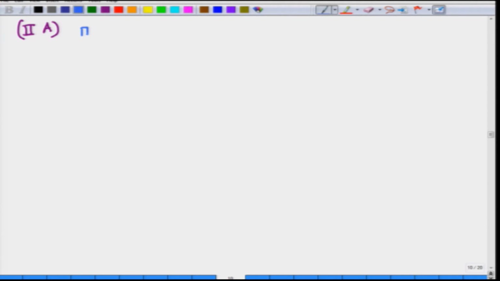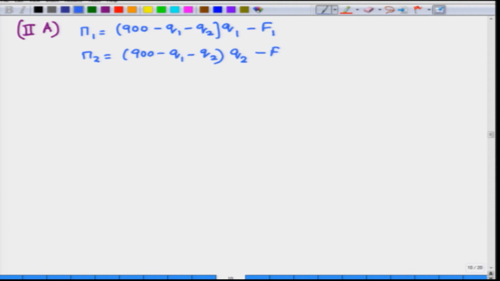The profit of firm 1 essentially is going to be the price, which is 900 minus Q1 minus Q2, the marginal cost of production is normalized to 0, times Q1 minus the fixed cost that it pays of 175,000, and the profit of firm 2 is going to be 900 minus Q1 minus Q2 times Q2 minus F2, right. So, again F2 would be equal to F1, which is equal to 175,000, because both these firms have invested in a large capacity, a large facility.